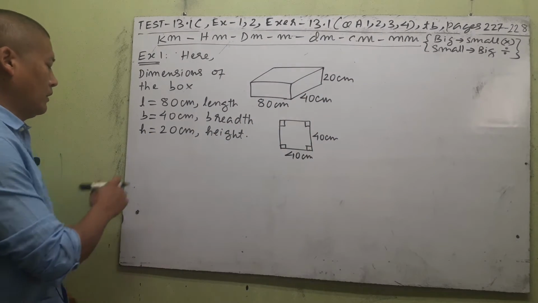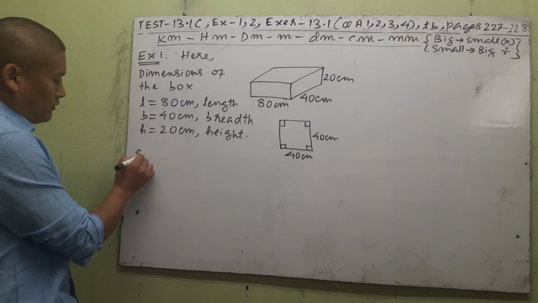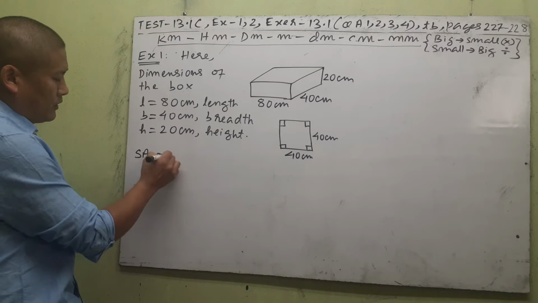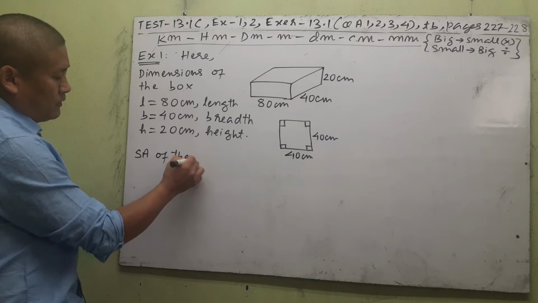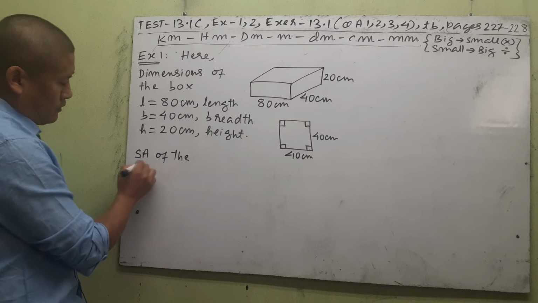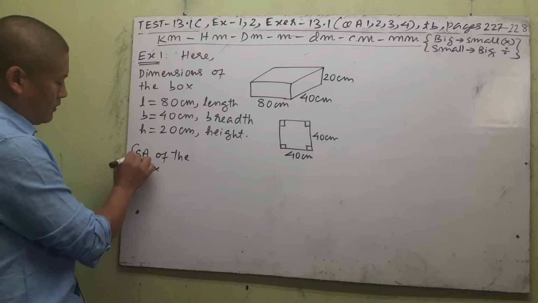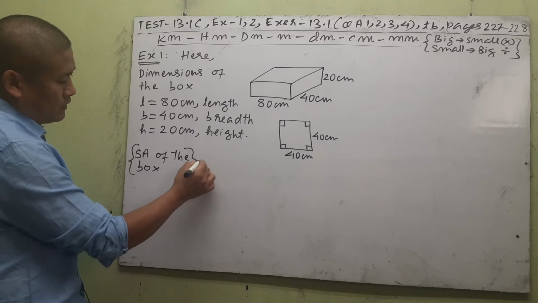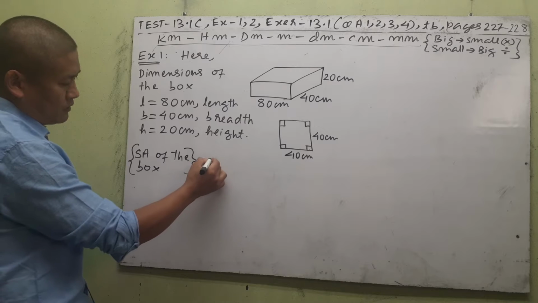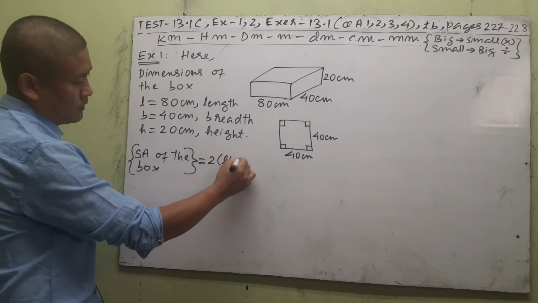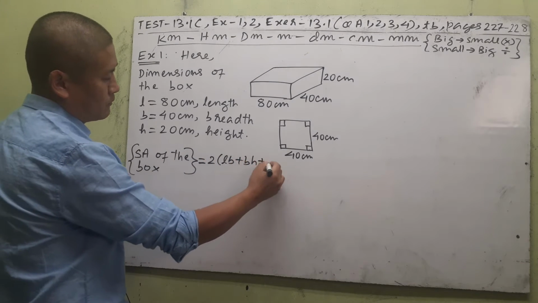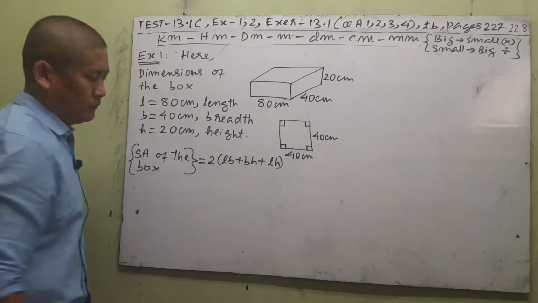So for that, we need to find the total surface area of the box. We know the total surface area of a box, the cuboid, is 2 into (LB plus BH plus LH).